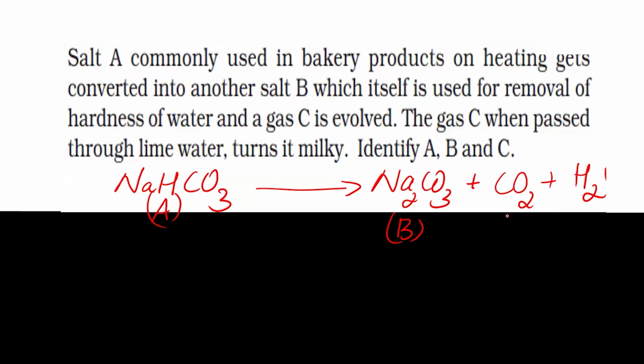And a gas is involved. Which is that gas? Yes, carbon dioxide. When you pass carbon dioxide gas to lime water, what will happen? Yes, it will turn milky. Whenever a gas turns lime water milky, the gas is always carbon dioxide. So A is sodium hydrogen carbonate, B is sodium carbonate and C is carbon dioxide, which turns the lime water milky.